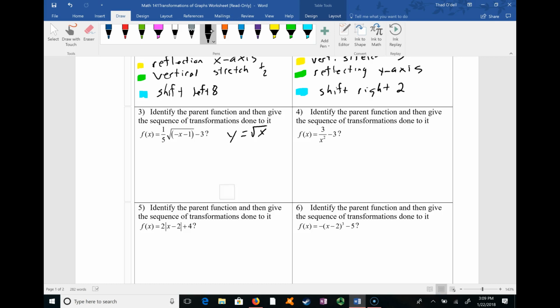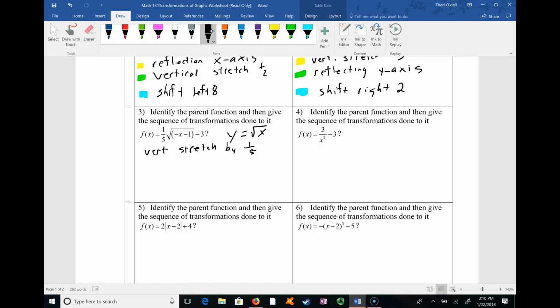So the 1/5 is going to produce a vertical stretch by 1/5. Now, I don't want to cause confusion here. This is actually going to end up producing a compression, but I just use the word stretch and then the factor tells me whether it's stretching longer or stretching shorter, which I know is kind of a weird thought sometimes, but if you start using the word stretch and compress, it gets confusing because the factor actually plays in.